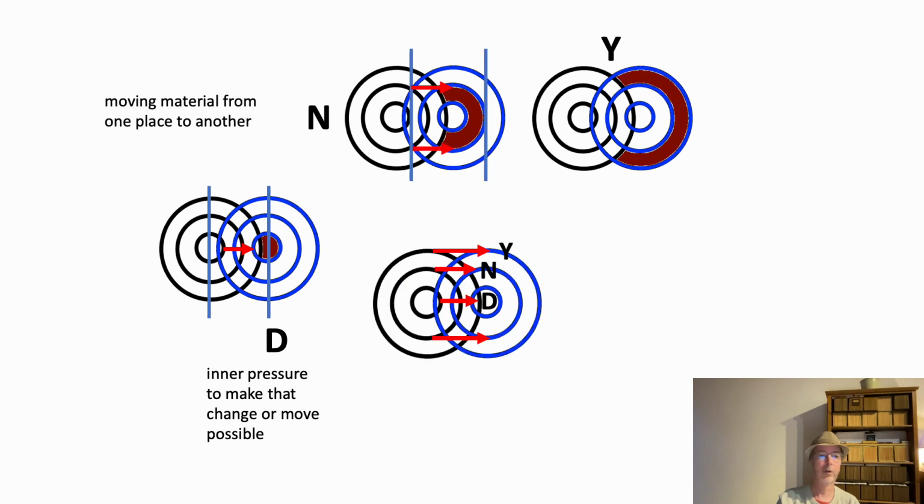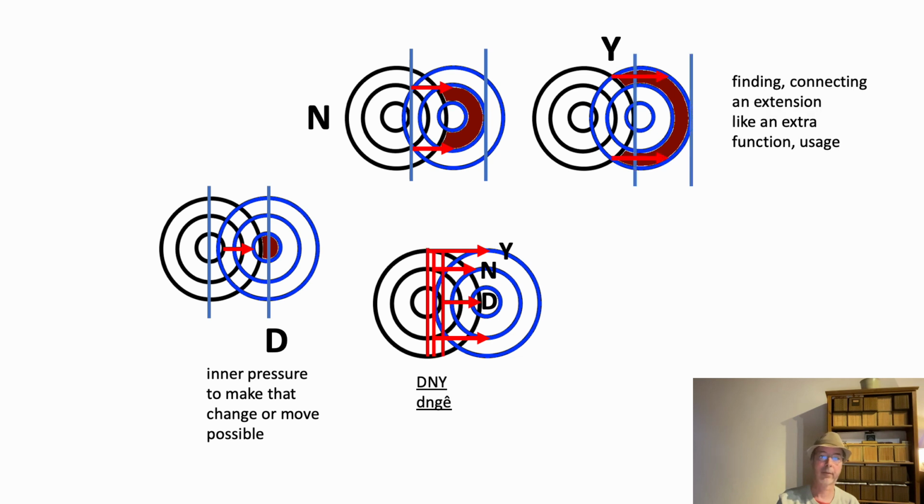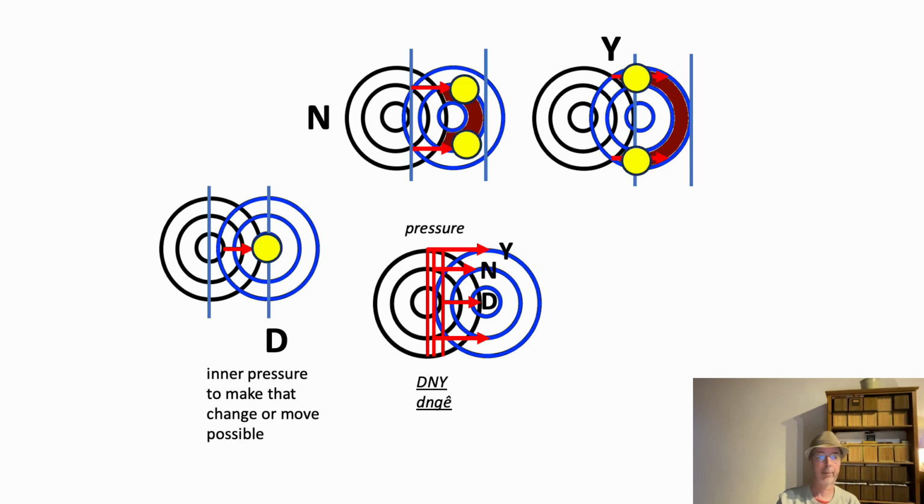With the N, the moving material will be placed from one place to another. And with the Y, of course, we will find extra functions, extra usage. What can we do if we broaden our perspective? What kind of limitations will we add to our whole perspective? They are a bit clearer here: the D, the N, the Y.